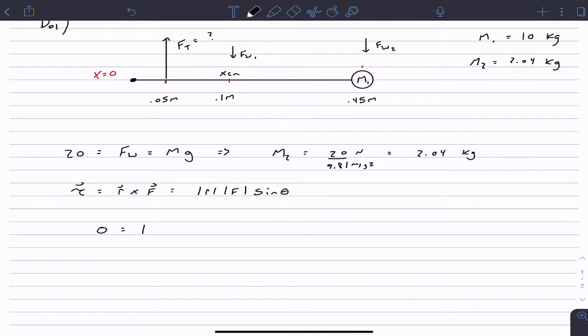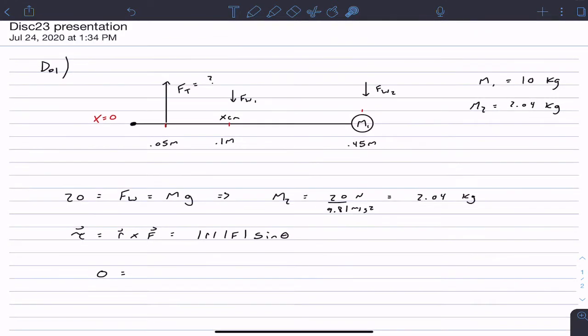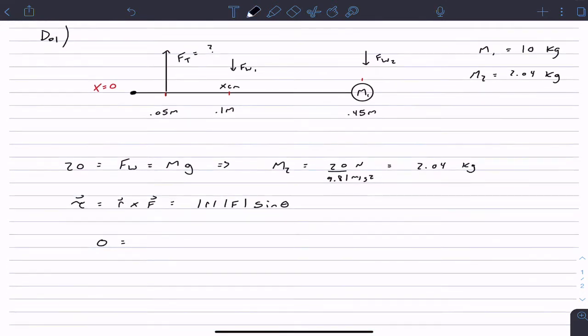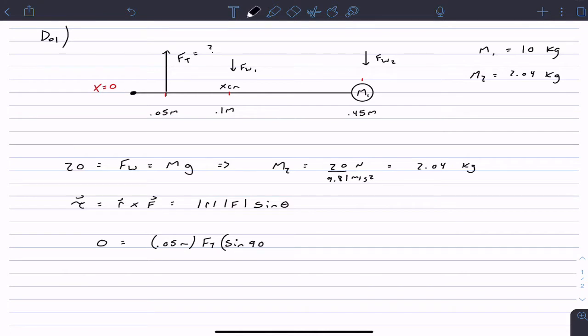Now we sum up all of our torques. The tension is in the opposite direction of these, so we'll need a negative value. We can consider that negative if we want. So r is 0.05 meters times F sub T, and remember sine 90 is 1, and we'll consider this the negative direction.